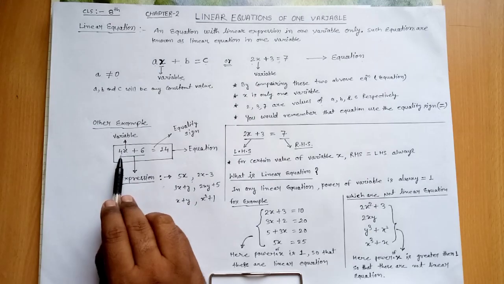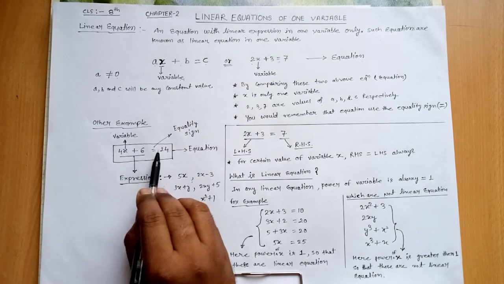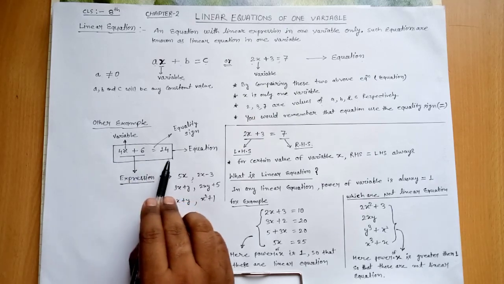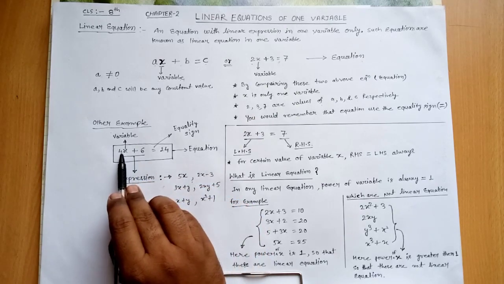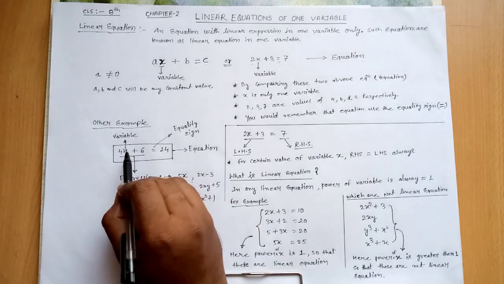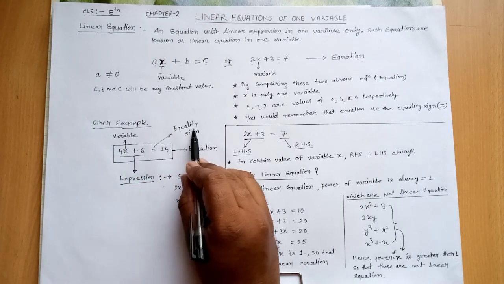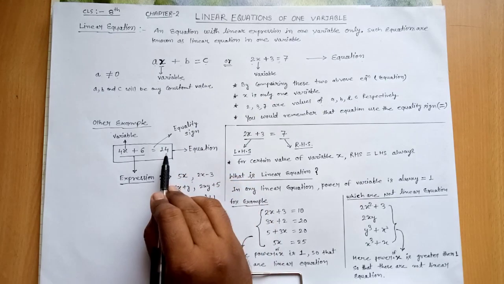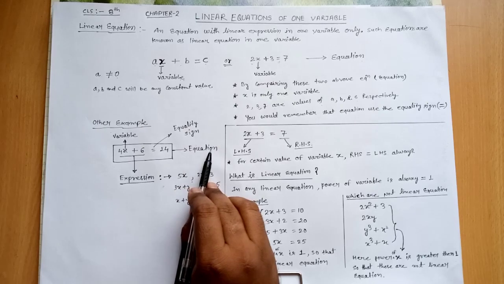I have taken 4x plus 6 equals 14. This complete term we call an equation. Here also x is a variable. This is the sign of equality. An equation always uses equality signs, right? And this is a number, and this complete term again we call an equation.